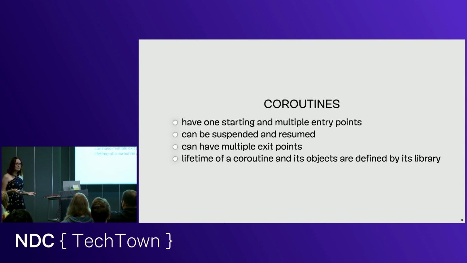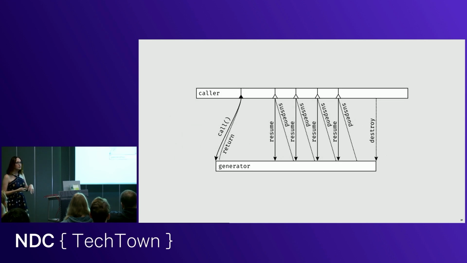It can be a generator, which works like this. Actually, I have an image for that. So you have a caller, you call the generator, it returns immediately because it's lazy. And every time you resume it, it gives you some value and suspends, you resume it, and it gives you another value and suspends, and so on. That's a generator. And at the end, when the generator is no longer needed, it's just because a coroutine is just an object. The lifetime of the generator will cease to exist, and it will be destroyed with its destructor pretty cleanly.